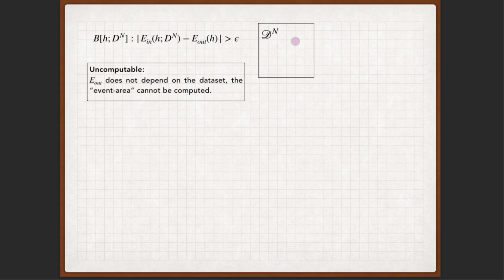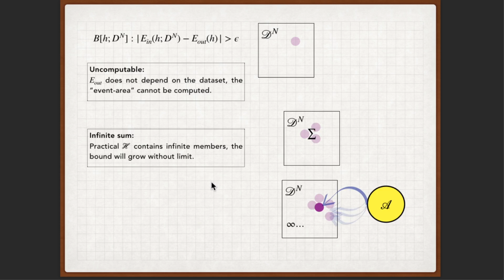And also, very importantly, for any practically useful hypothesis family, such as the linear models we have discussed previously, or the decision trees, or maybe we will later discuss neural networks, and other data models, almost all of those families have infinitely many members.